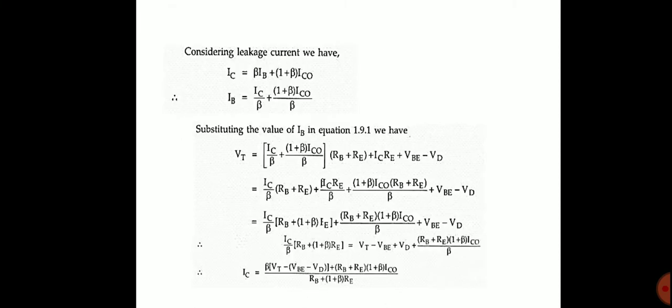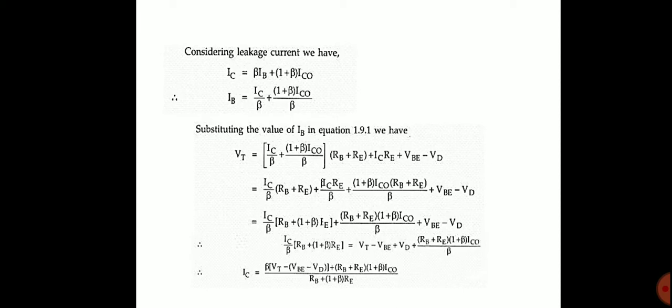In this method, we are considering the leakage current. The collector current is IC equal to beta IB plus (1 plus beta) into the collector leakage current ICO. So IB is equal to IC divided by beta minus (1 plus beta) divided by beta into ICO.